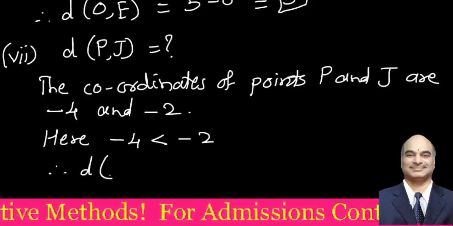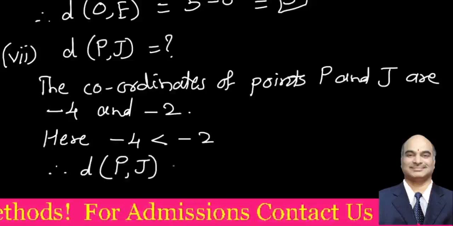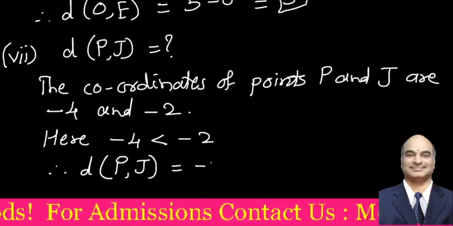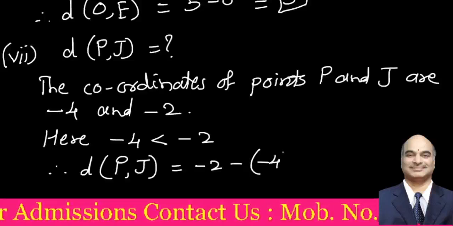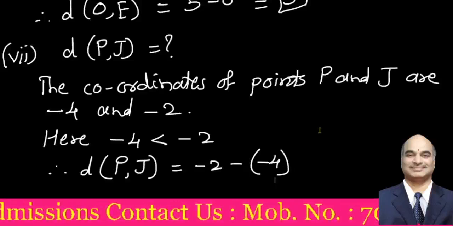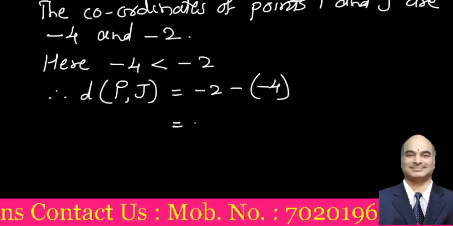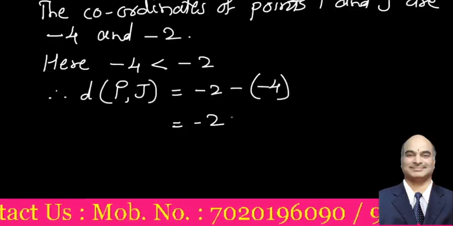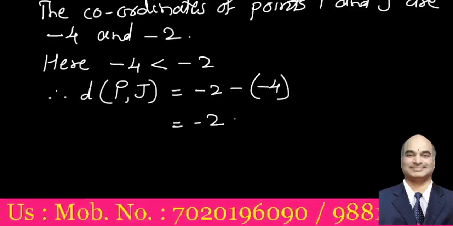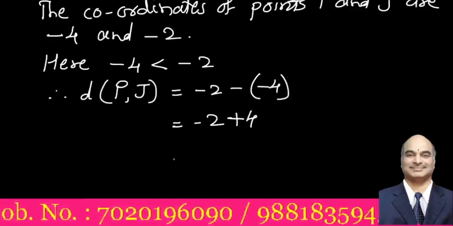Now we can find the distance between point P and point J. Smaller number -2 minus the negative number, that is -4. So -2 minus (-4): minus into minus is equal to plus, so we get plus 4.